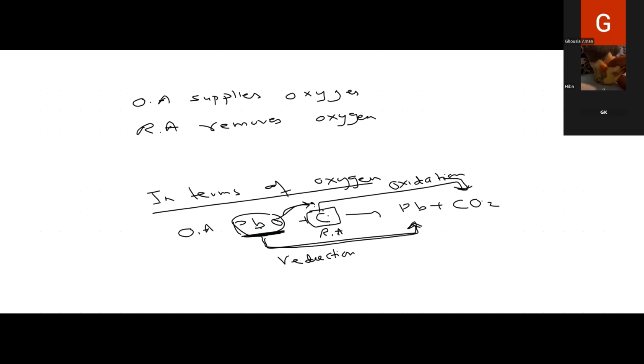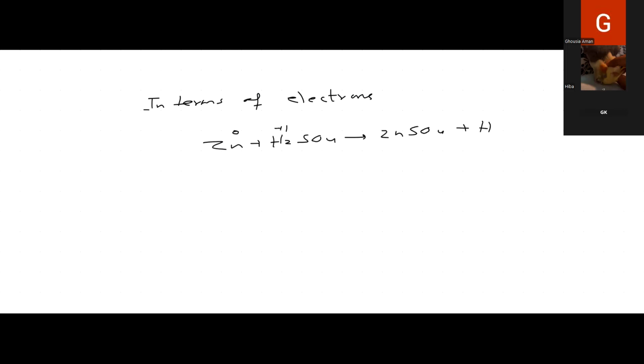Now, in terms of electrons, we will see what happens in terms of electrons. Again, I'm writing the same equation, zinc plus H2SO4, ZnSO4 plus H2. Then I'm writing the charges like 0, plus 1, minus 2, plus 2, minus 2, 0.